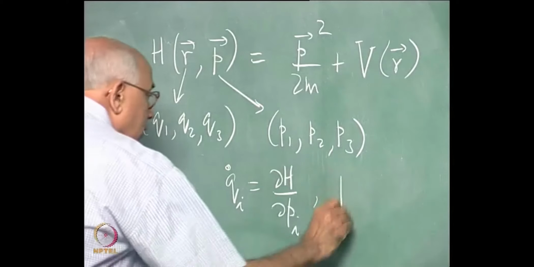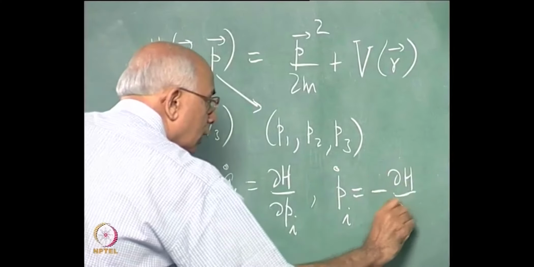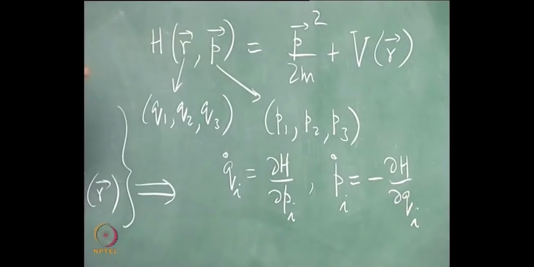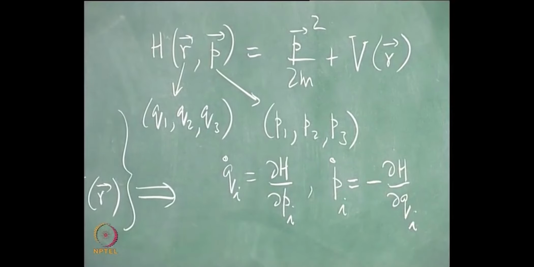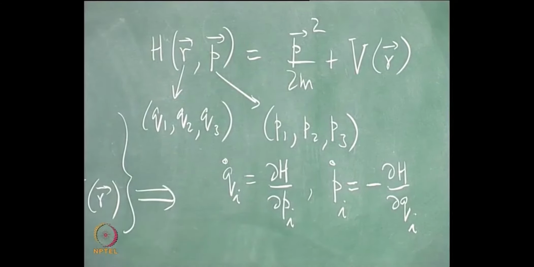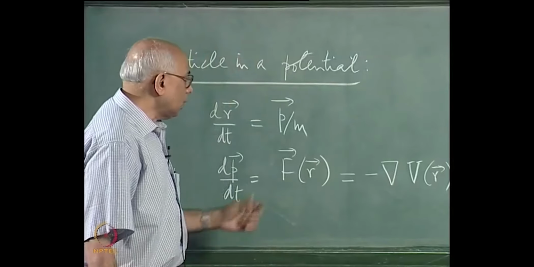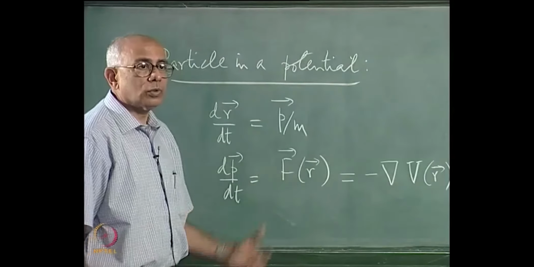It also tells us that pi dot is minus delta H over delta qi. Since the potential energy depends only on the coordinates, when you differentiate with respect to the coordinates in Hamilton's equations, you end up with the corresponding component of the force.